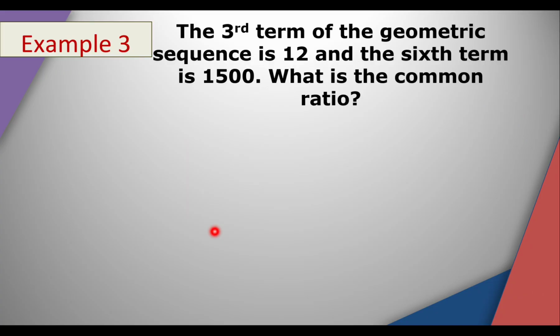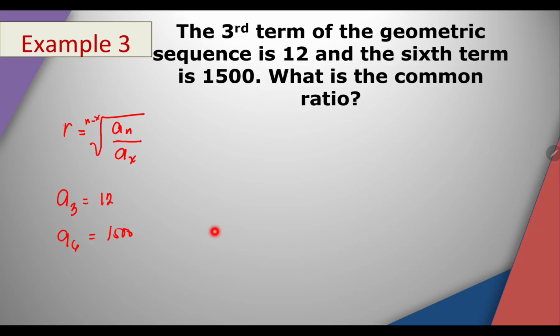The third term of the geometric sequence is 12, and the sixth term is 1,500. What is the common ratio? So we make use of that particular formula. We have r is equal to the (n minus x)th root of a sub n divided by a sub x. The third term is a sub 3, which is 12, and a sub 6 is equal to 1,500.